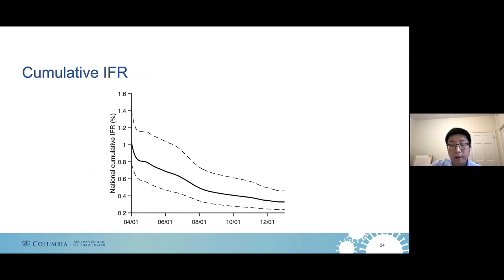So this estimation could be biased low, but even with that, the infection fatality rate of COVID-19 is much higher than seasonal flu, so it is still very dangerous.